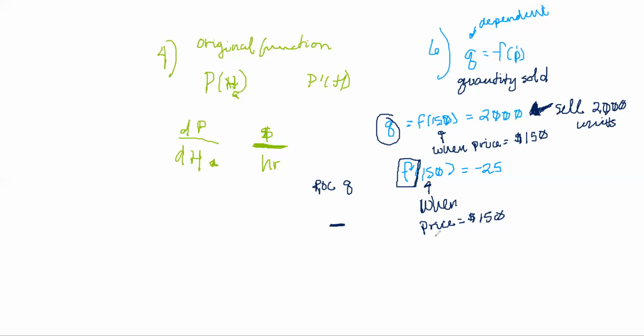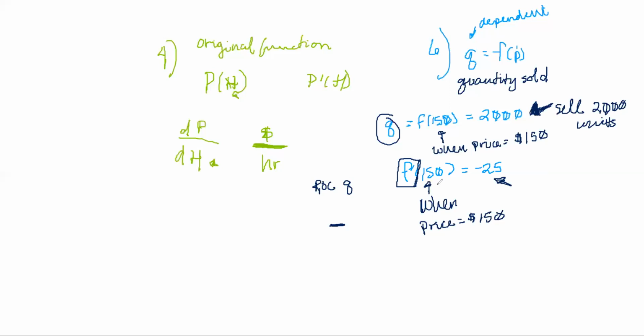So if we took this from $150 to making it $151, if we charge them for the same item, you would sell 25 fewer items. So at this specific moment, if you moved it from $150 to $151, you'd sell 25 fewer items. But if you lowered the price, then you would probably gain more items sold.